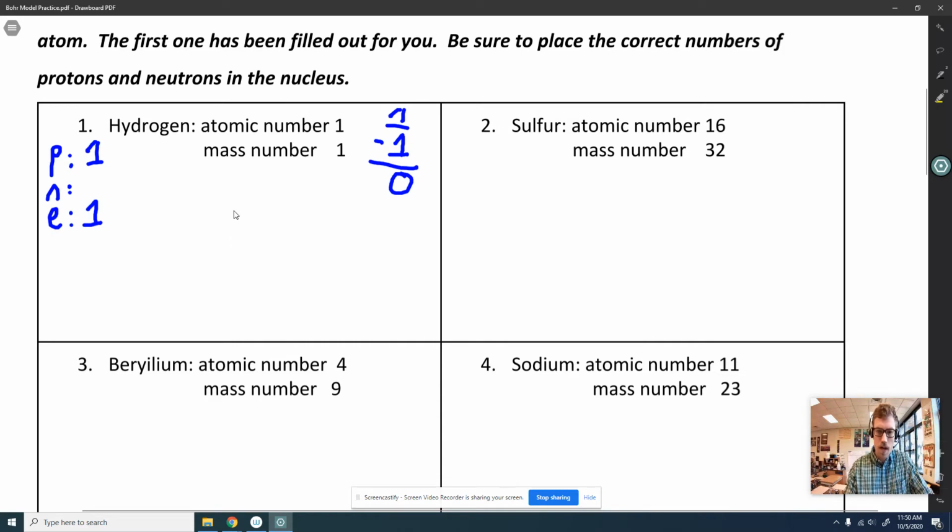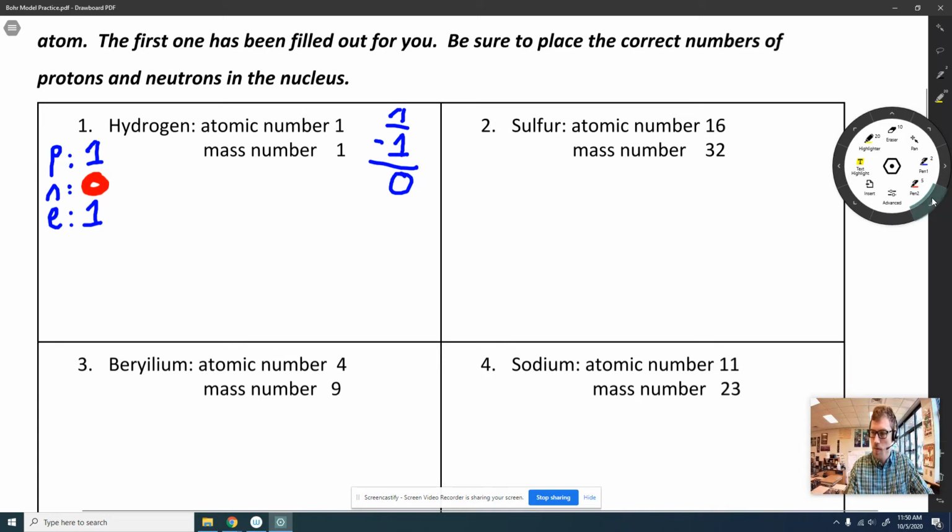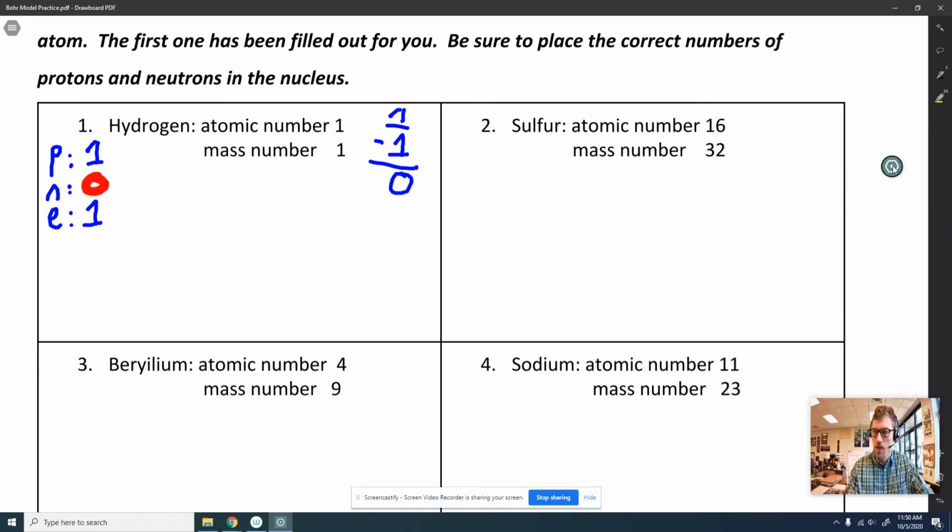For our Bohr model, we're going to start off with our number of protons and our number of neutrons. And remember that those are going to be going into the nucleus. So we need to draw our first circle. And this first circle represents our nucleus. And so we've got 1 proton and we have 0 neutrons. All right, so 1 proton, 0 neutrons, that's our nucleus.